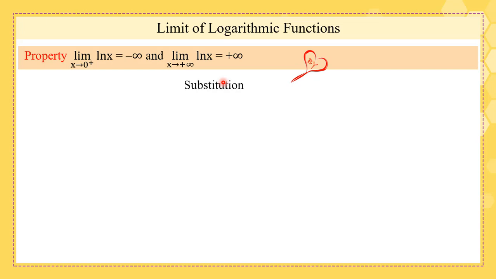Now let's remember together how we calculate limits. In fact, the first step in calculating limits is substitution, and this is what we saw before. When we use substitution, we might get the answer or we might get an indeterminate form.